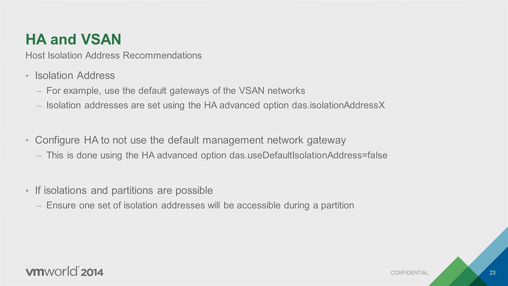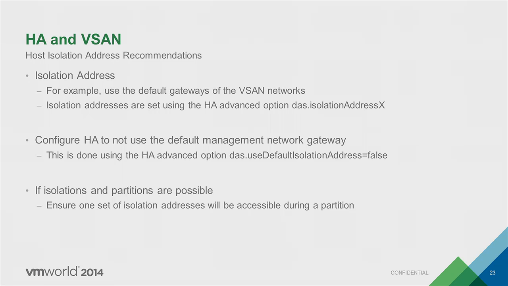And the next topic is with respect to isolation address. I just want to see how many of you normally override the default isolation address in an HA cluster. Okay. Nobody? Good. Really? Okay, it's good that I have this slide. In case of a vSAN cluster setup, it is strongly encouraged to override the isolation address.